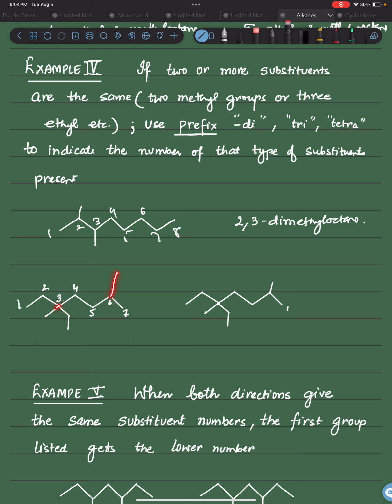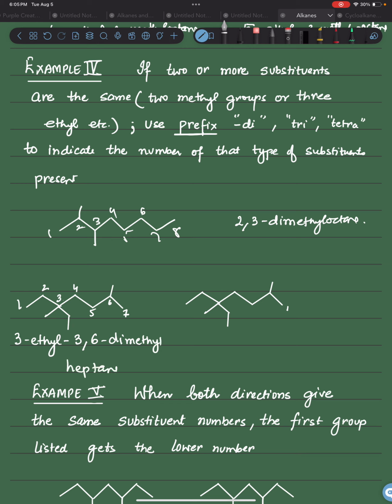At third position, you have a methyl group. So you have dimethyl. Not only dimethyl, but you have to tell where that methyl is located. So 3,6-dimethyl and 3-ethyl, right? So 3-ethyl 3,6-dimethyl heptane.